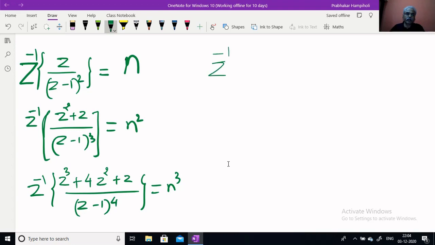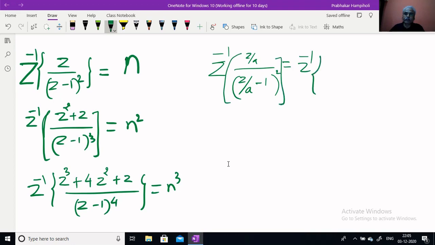That is Z inverse of z by a whole divided by z by a minus 1 whole square, and if you simplify this, az comes here, which is Z inverse of az upon z minus a whole square. Because of division here, everywhere z by a, here it becomes multiplication by a raised to n.